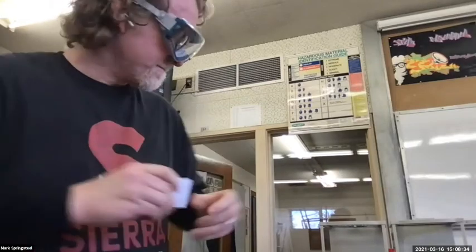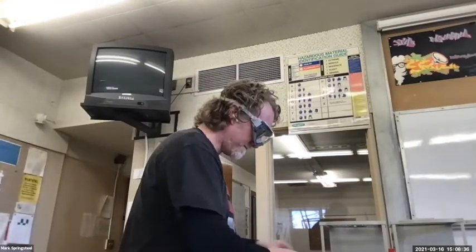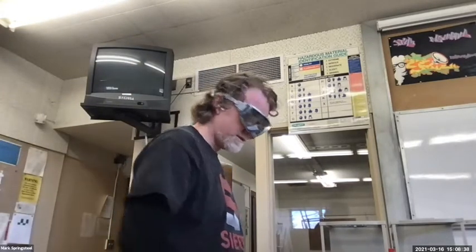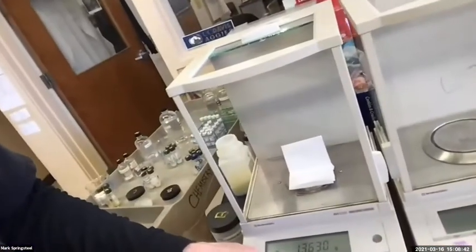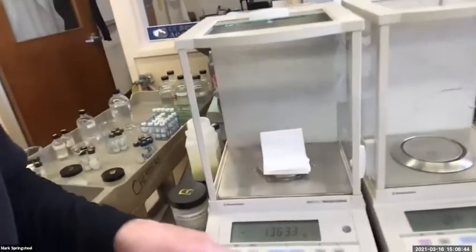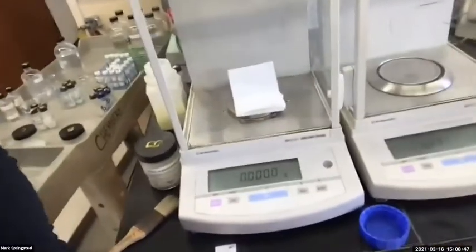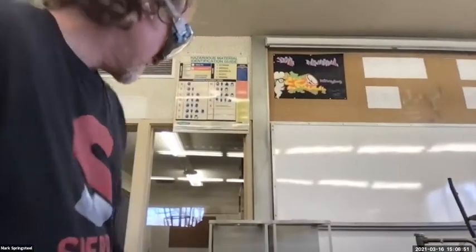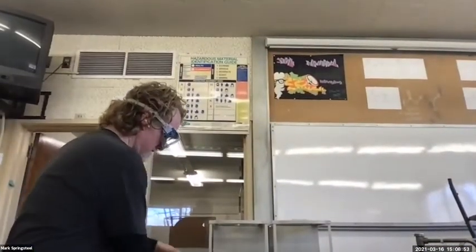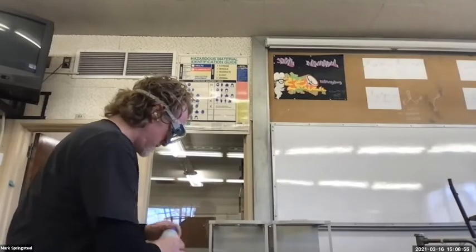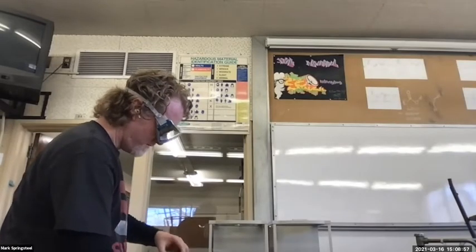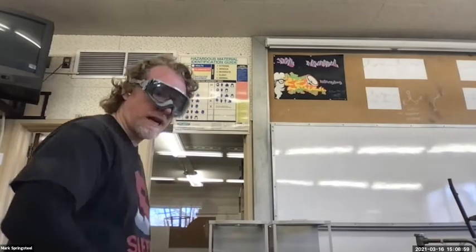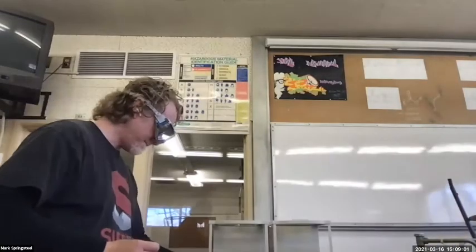A little smaller. Okay, let's put this on my scale and zero it first. Looking good. And now I'll get some ethyl 4-aminobenzoate, aka benzocaine from Orajel and things like that.